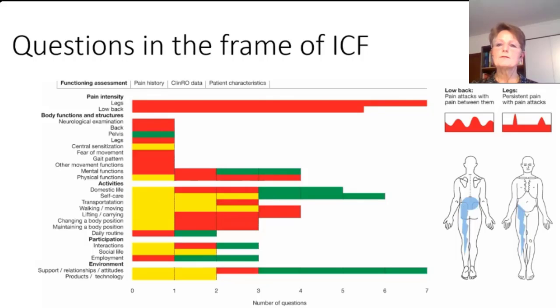So patients having back pain and leg pain scored high in pain intensity, but in other activity items they didn't score that high. And we thought that we could use this kind of scoring system as baseline information, as well as outcome information before and after treatments. It was a whole treatment setting we did.